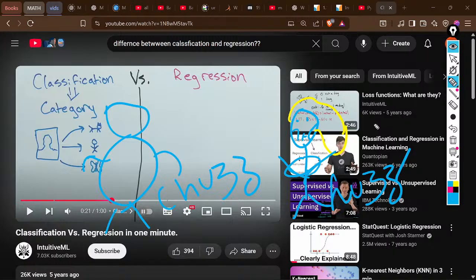So it will automatically swipe: my model will swipe right on some, left on others. I've got to do that.